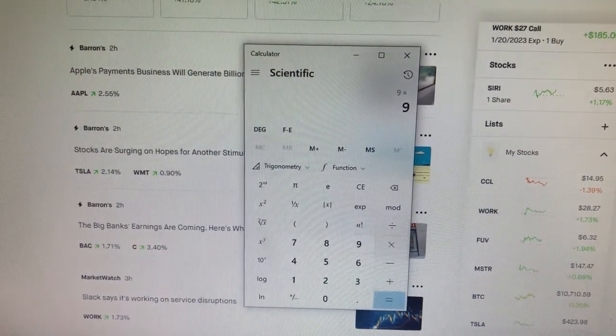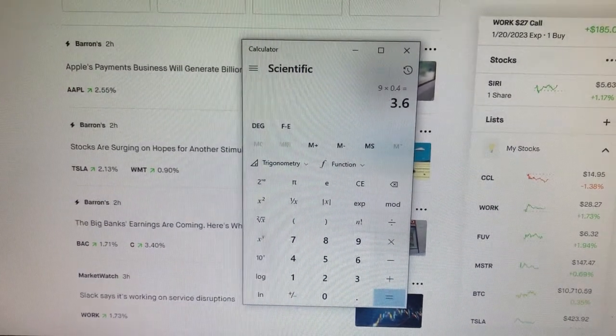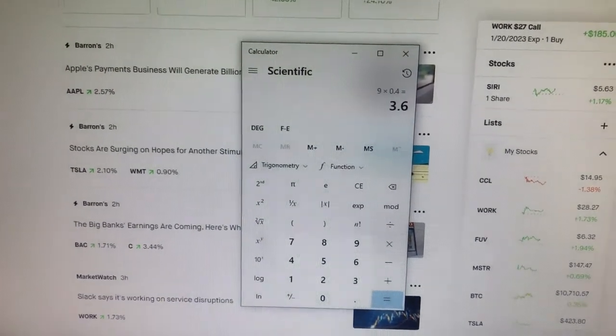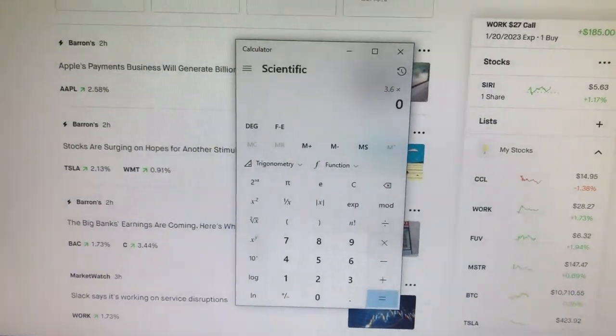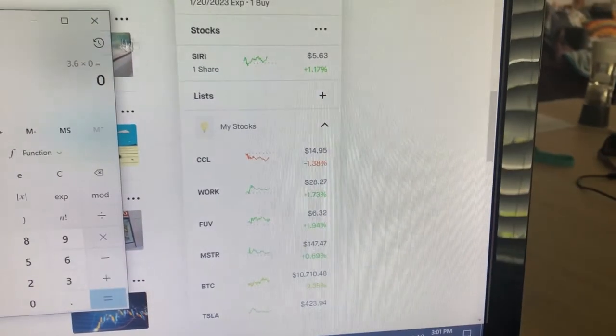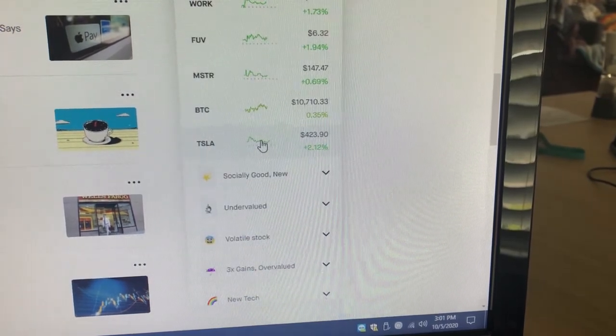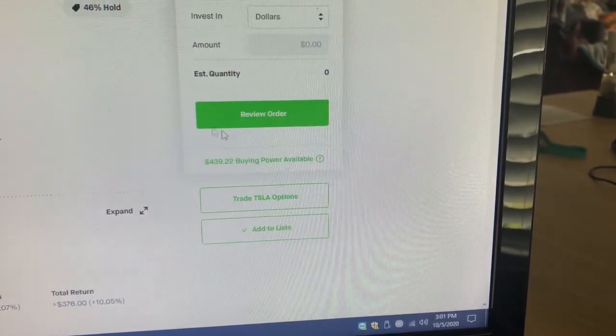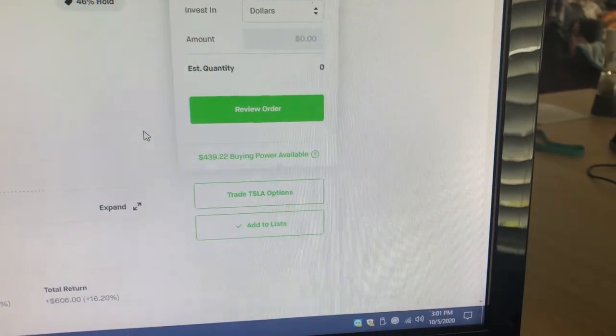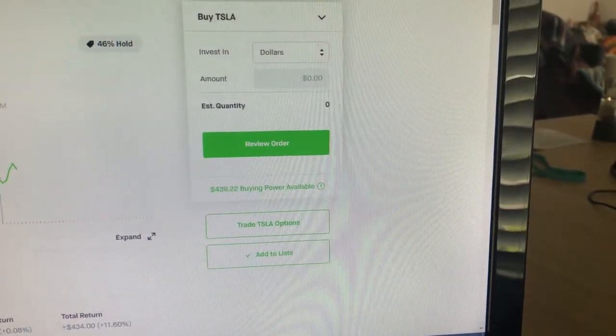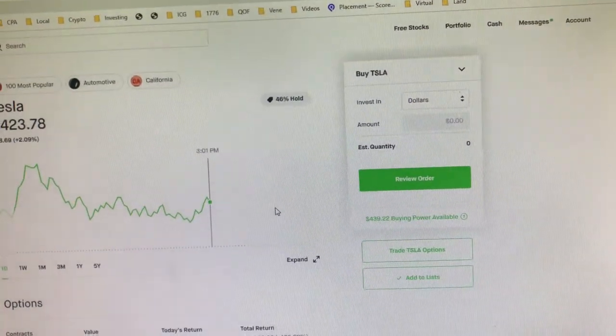So annualized, that's roughly 350% gains a year if I was to do this play every 2 months, just continually betting on Tesla. And even if I lose all my money 2 or 3 times, I might still have like 50% gains.